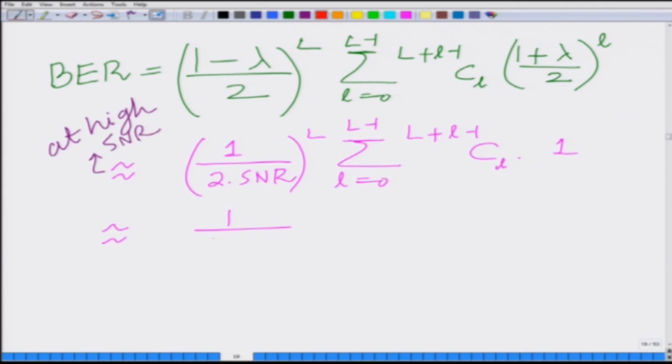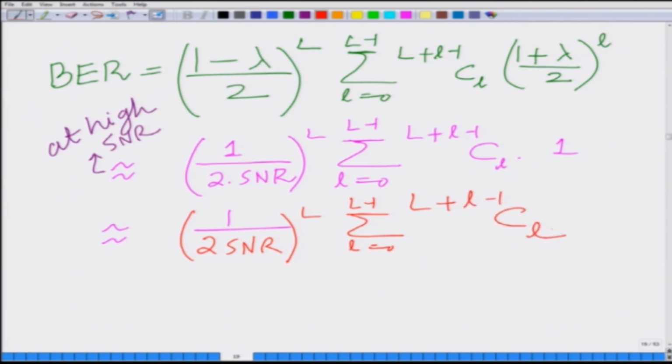This is equal to (1 over twice SNR) raised to the power of L into the summation of (L plus l minus 1 choose l) from l equal to 0 to capital L minus 1. This can be shown to be (2L minus 1 choose L).